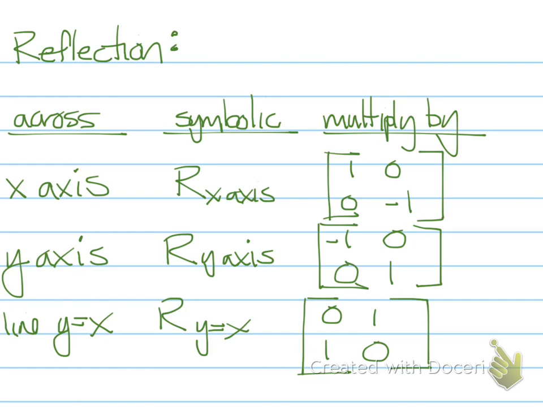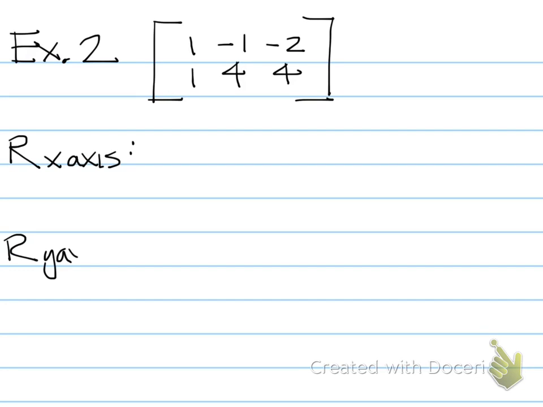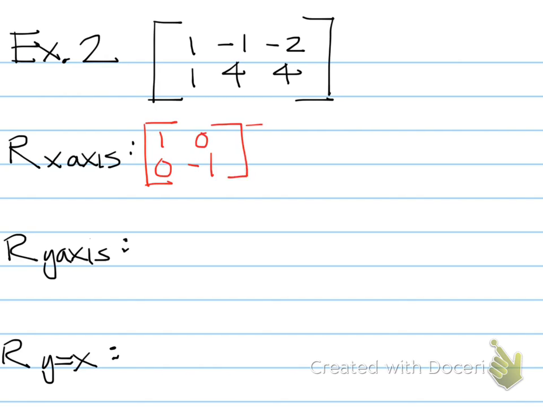To perform the reflections, we're going to take each one of these matrices, depending on which reflection we're performing, and multiply it by our vertex matrix. So these matrices should appear first, and then we'll write our vertex matrix second. For example, if we have these coordinates written in vertex matrix, we're going to reflect it across the x-axis, y-axis, and the line y equals x.